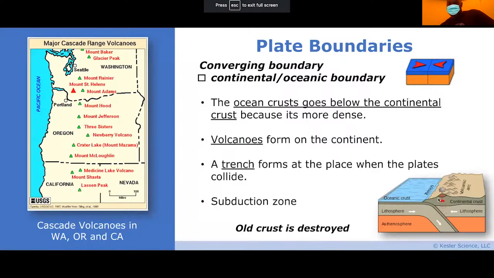And we can see here, this also begins to buckle a little bit and it causes it to rise. And then as this goes into the asthenosphere, it melts and that hot magma rises through the rock to create volcanoes.